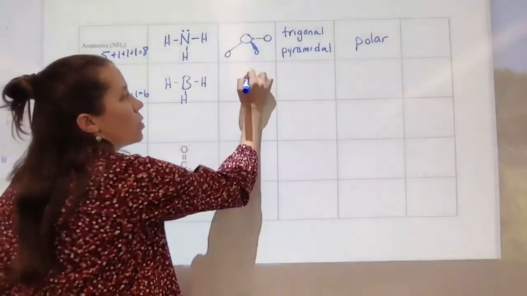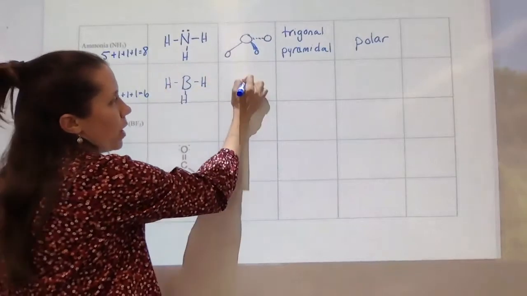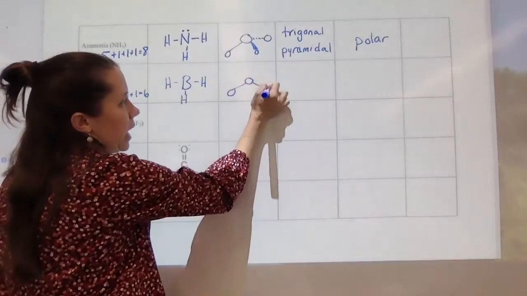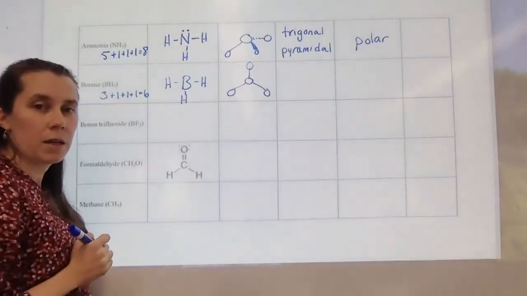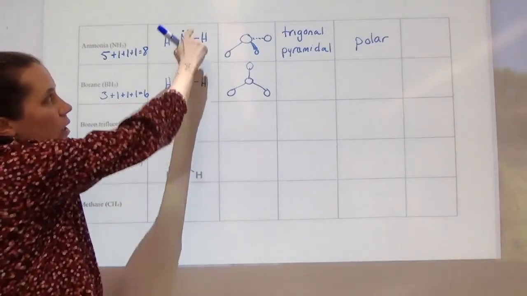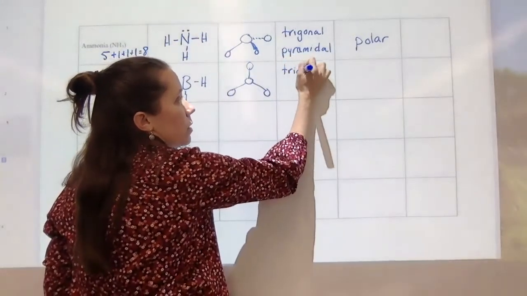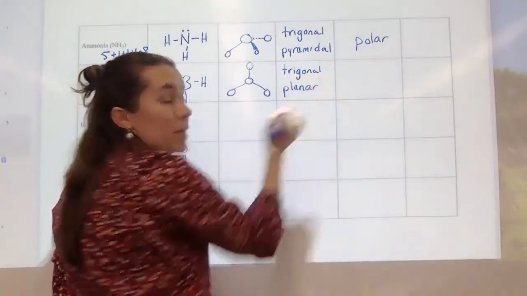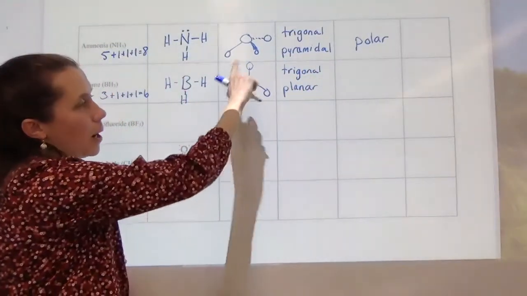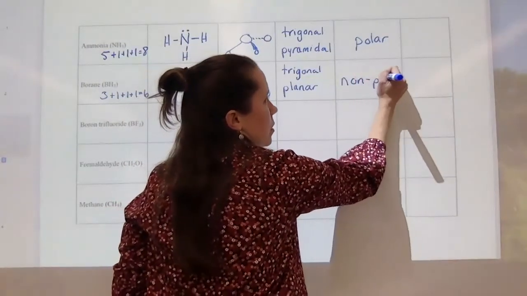Okay, now to make this, these 3 hydrogens spread out as evenly as we can, as far apart from each other as we can, it will look like that. Okay, this one does not have a lone pair and this one does. All right, so this one is trigonal planar because it's flat in the plane of the board. And then because it's all the same, it will be non-polar.